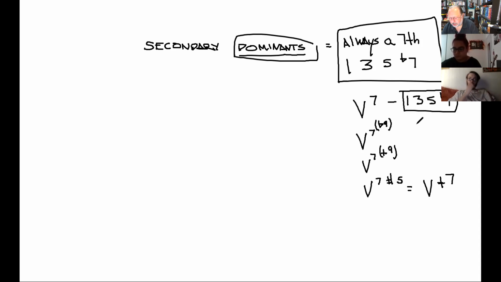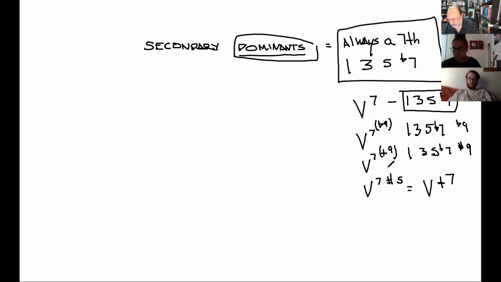The next one, we have the same thing, 1, 3, 5, flat 7, and we can throw a flat 9 on the top. Here's the opposite, 1, 3, 5, flat 7, sharp 9.